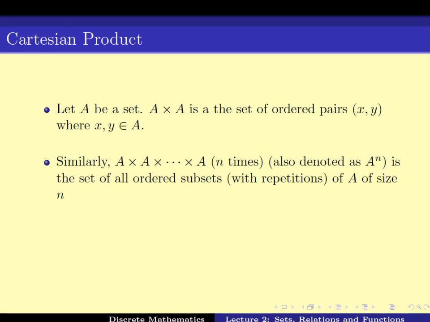If you unfold the definitions of the Cartesian product of A with A, you realize these are the strings of elements of A of length n. In other words, these are the ordered subsets with repetition of A of size n.